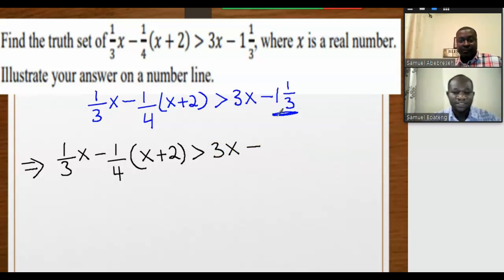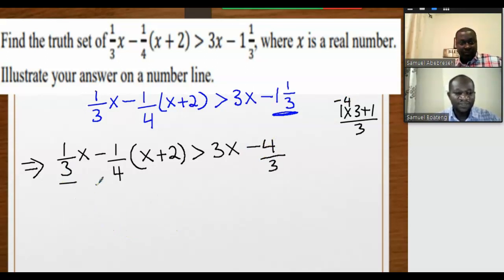So to change it, 3 times 1 plus 1. So over 3, which is minus 4 on 3. Okay, so that gives you? Yes, minus 4 on 3. So let's find the LCM.